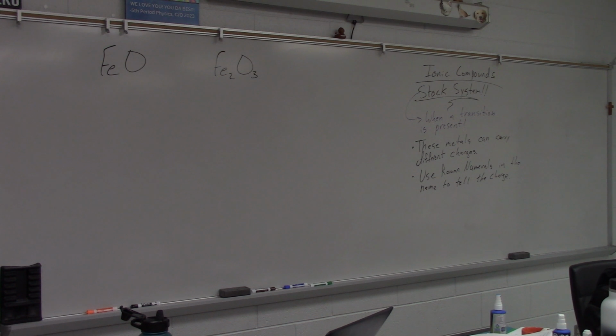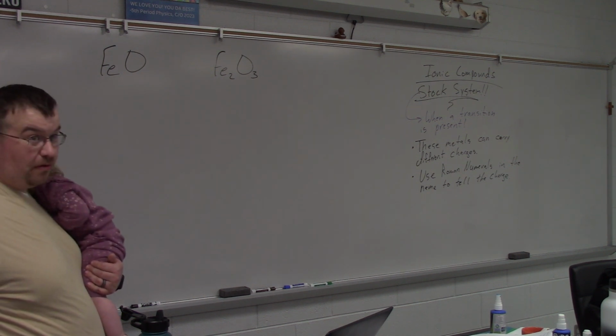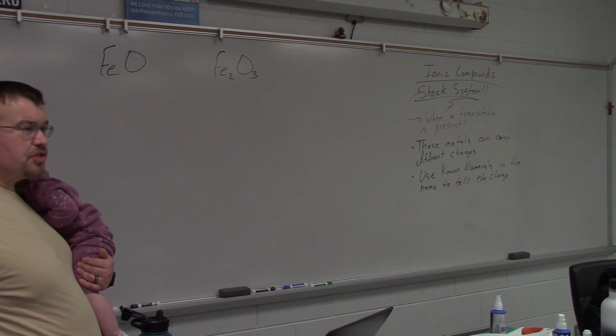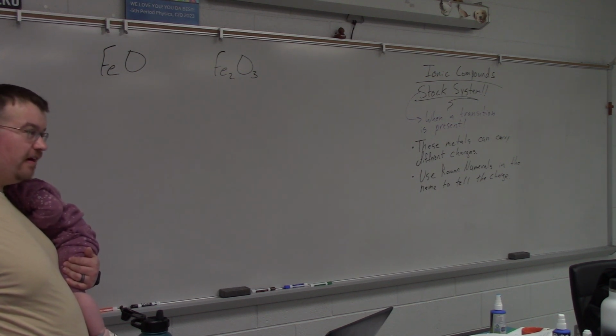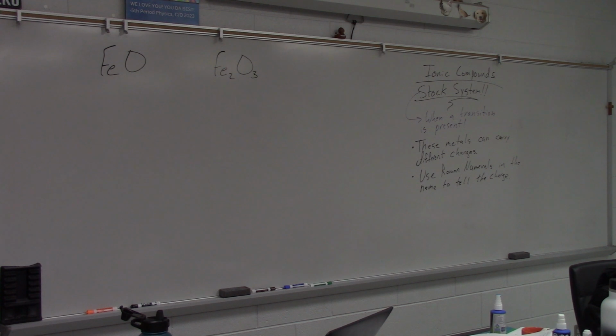What's the key to finding the charge? The transition metal has different charges, but what's the transition metal bonded to? Which carries a fixed charge. Find the charge based off of the anion or polyatomic ion that it's bonded with.